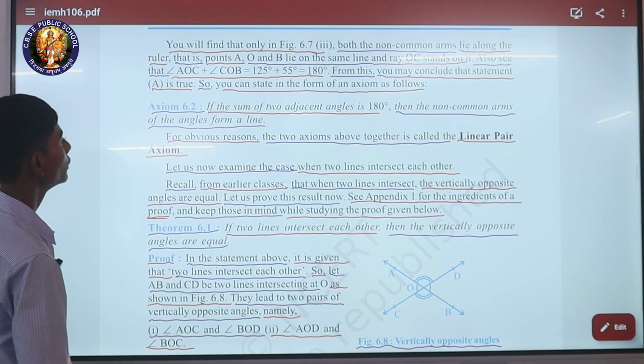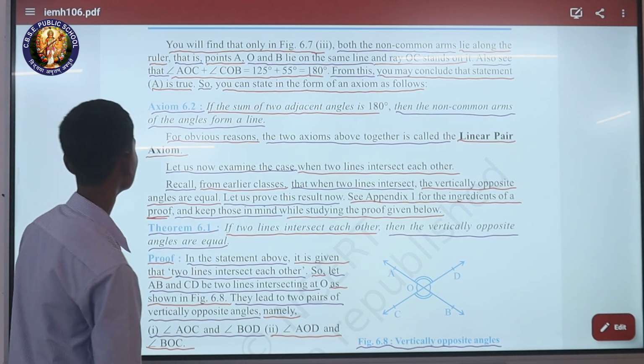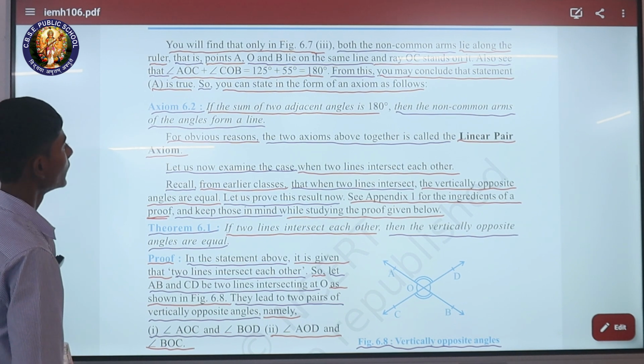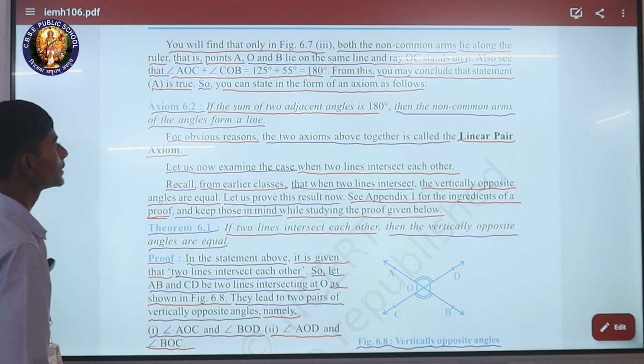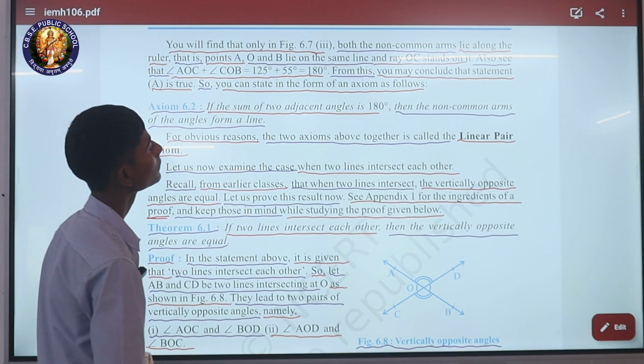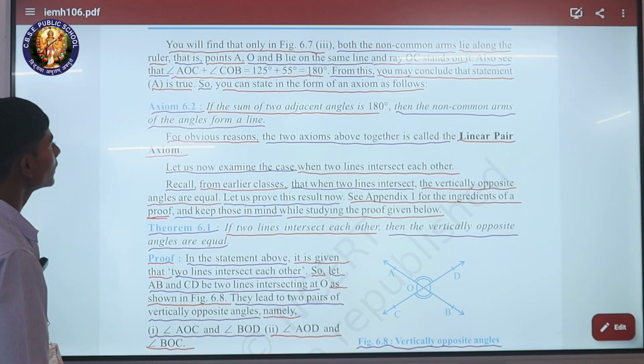So, you can state it in the form of an axiom as follows. Axiom 6.2: If the sum of two adjacent angles is 180 degrees, then the non-common arms of the angles form a line.